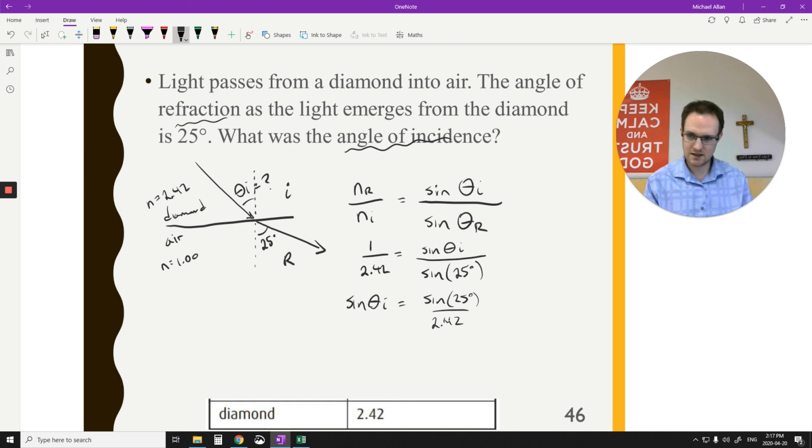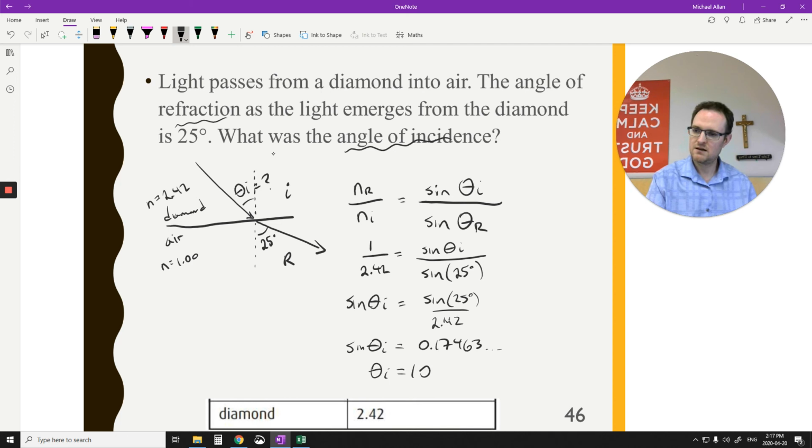So sine 25 divided by 2.42. I'm going to write the intermediate step here because we eventually get to do the sine inverse. So do the sine inverse of that answer and get 10 degrees. There you go.